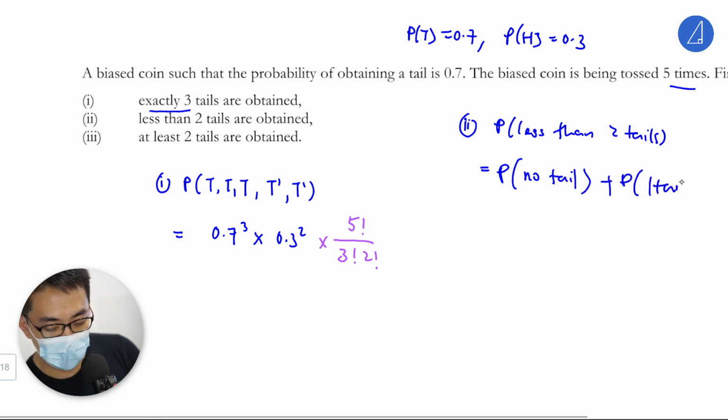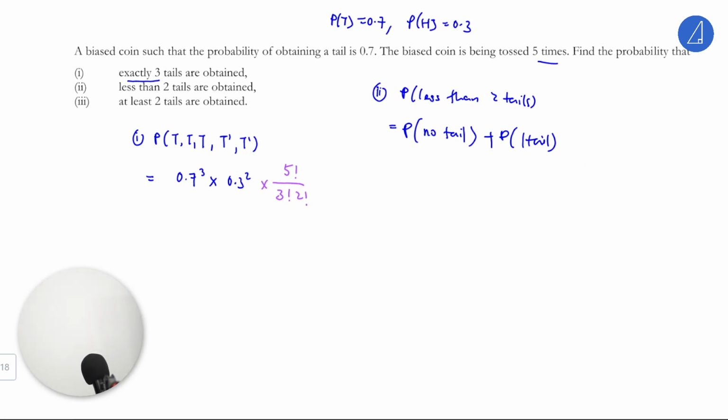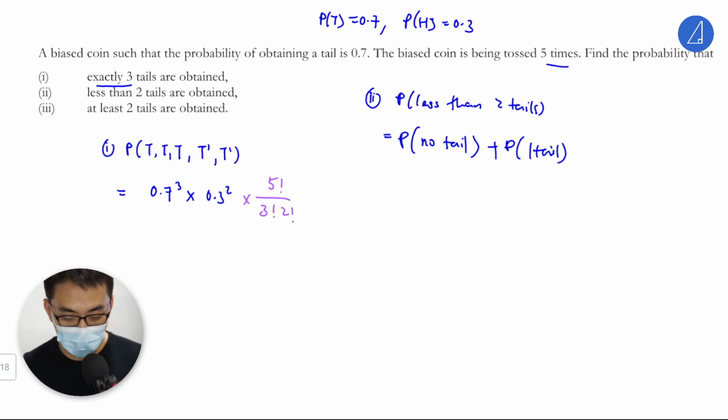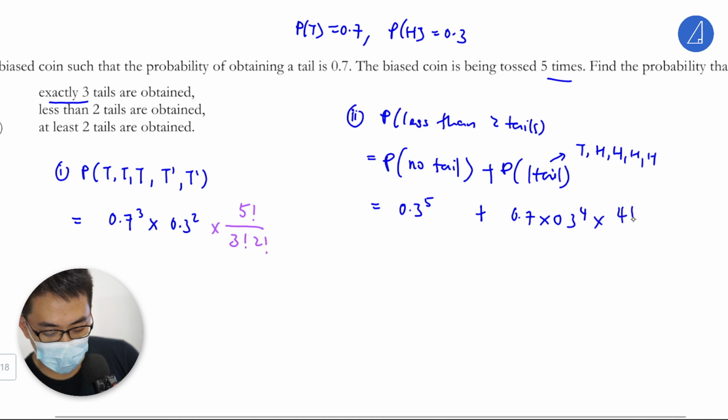No tail means you want 5 heads, which is 0.3 to the power 5. 1 tail is 0.7 times 0.3 to the power 4, which is T H H H H, multiplied by 5 factorial over 4 factorial.